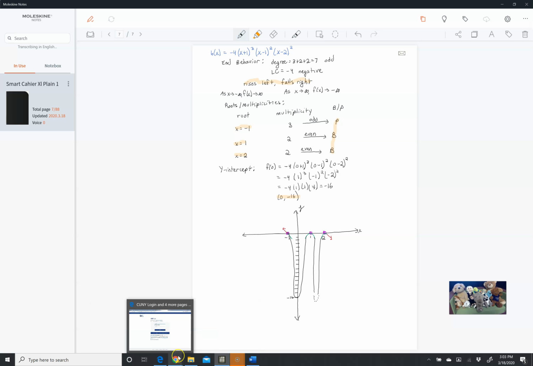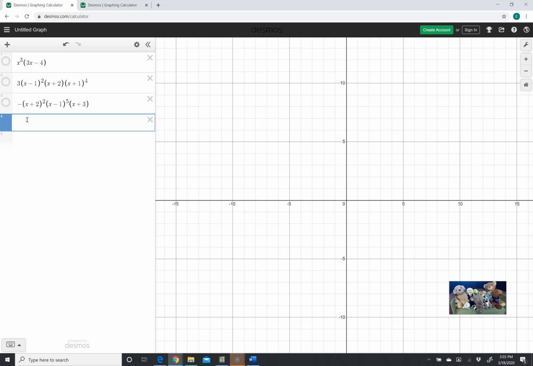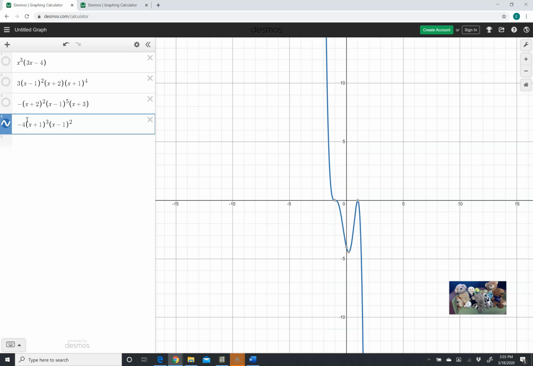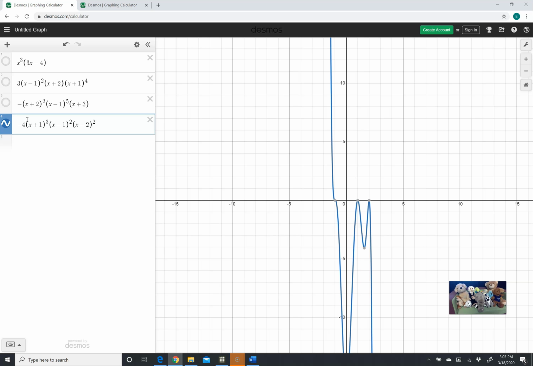And if we go into Desmos and graph this, so this one I don't have in here, we have -4 times (x plus 1) to the third power, times (x minus 1) squared, and then times (x minus 2) squared.